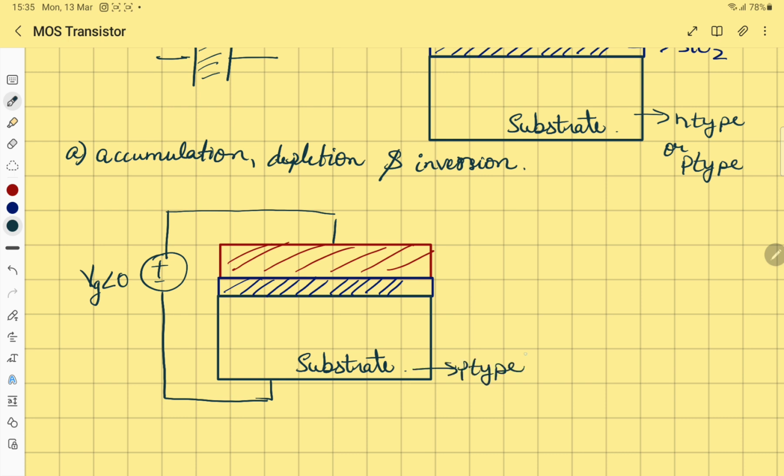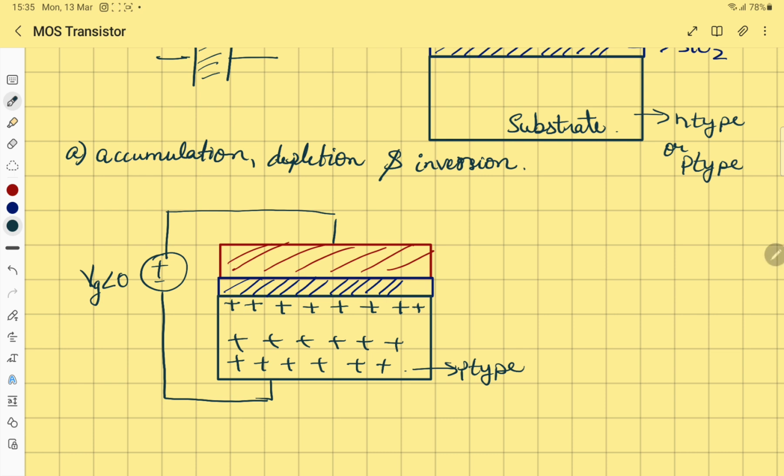When I say P type, it means that it has an abundance of positive charge carriers. So if you apply a negative voltage here, this Vg is less than 0, that means the positive charge is accumulated towards the SiO2 layer, towards the insulator.